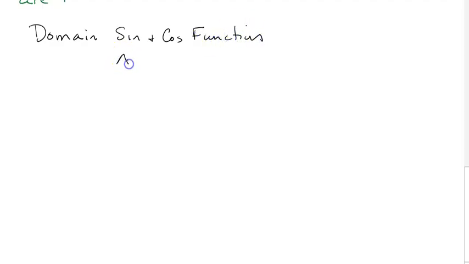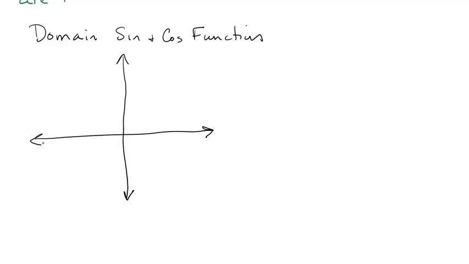And the domain is something we'll discuss in more detail in the second half when we prepare for test 2, which is the second half of chapter 4. We're actually graphing these as functions, not on a unit circle.